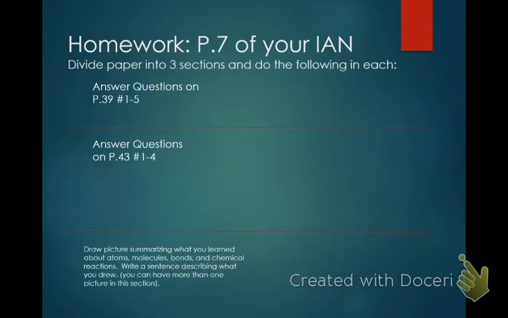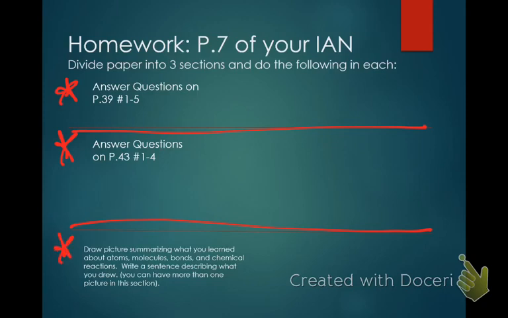Okay, so for tonight, your homework is to, on page 7 of your EN, divide your paper into 3 sections, so like a top and a middle and a bottom. And in the top section, you're going to answer questions on page 39, numbers 1 through 5. The middle section will be questions on page 43, 1 through 4.